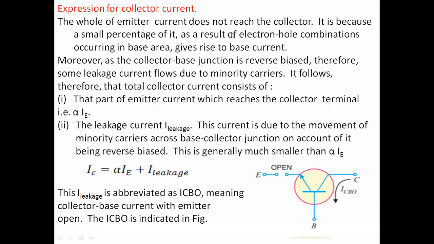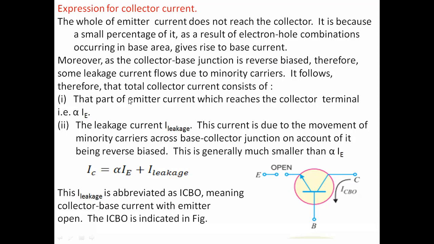Due to recombination in the base region, some of the current goes through IB, and the remaining current reaches the collector. As the collector base junction is reverse biased, some leakage current flows due to minority carriers.